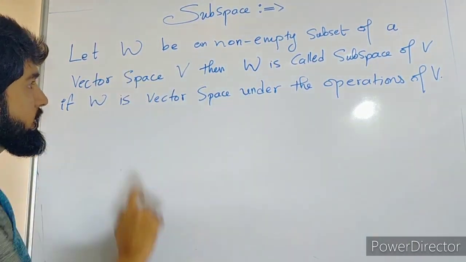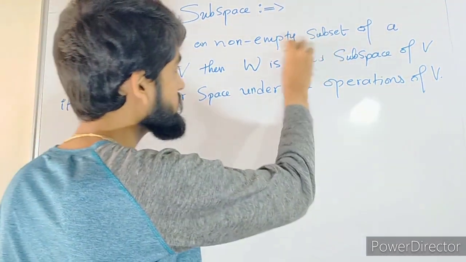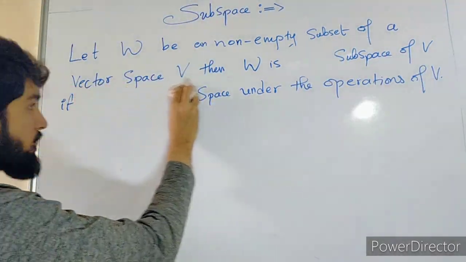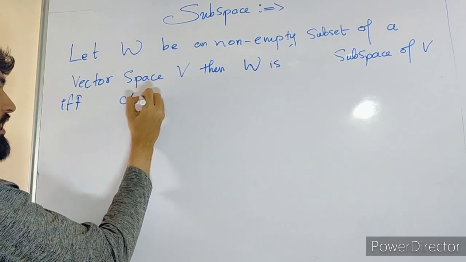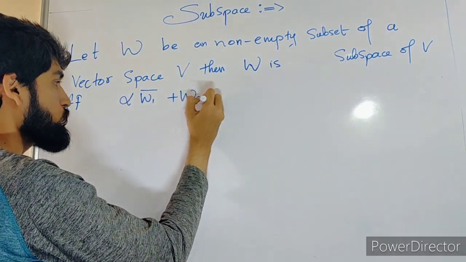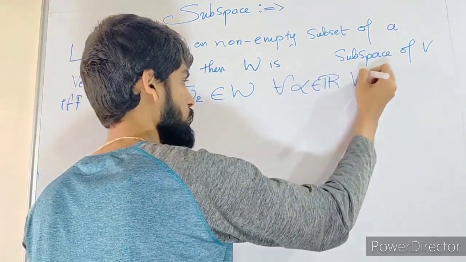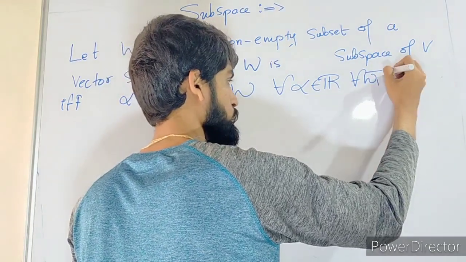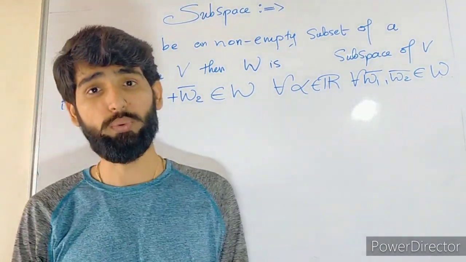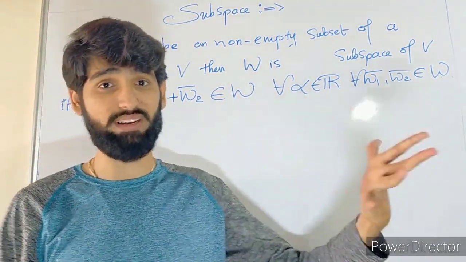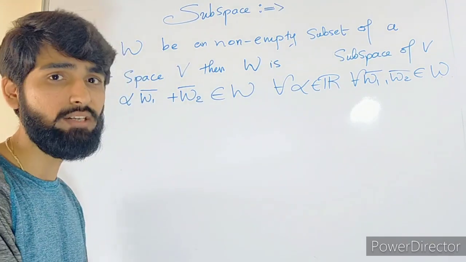We know that W is a non-empty subset of a vector space V. Then W is a subspace of V if and only if alpha W1 bar plus W2 bar is an element of W for all alpha inside R and for all W1 bar, W2 bar inside W. So the definition of a subspace is that it is a vector space under that operation, and this theorem tells us we do not need to check those 10 conditions.